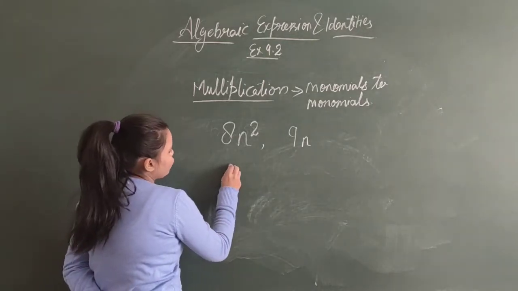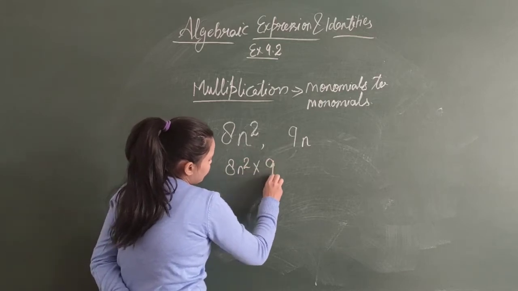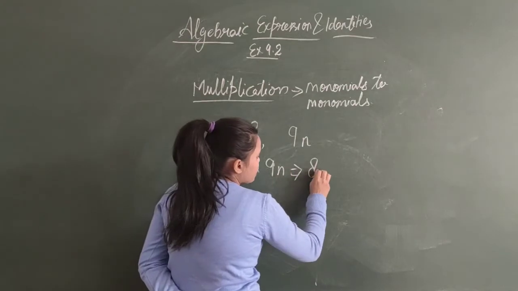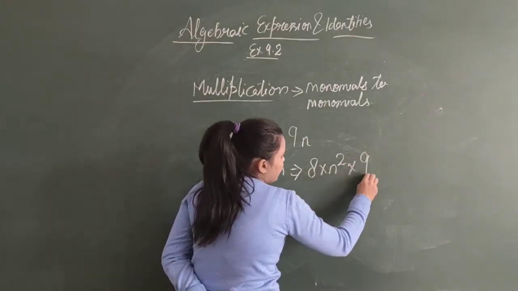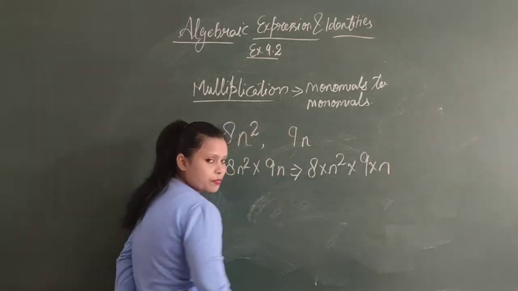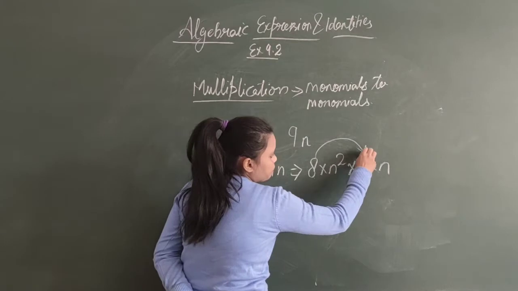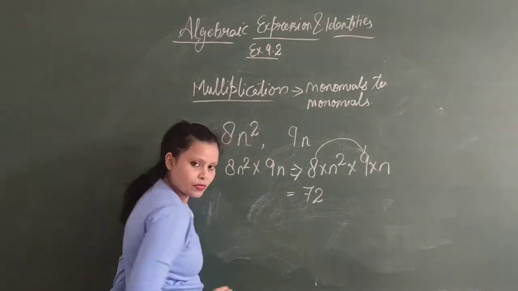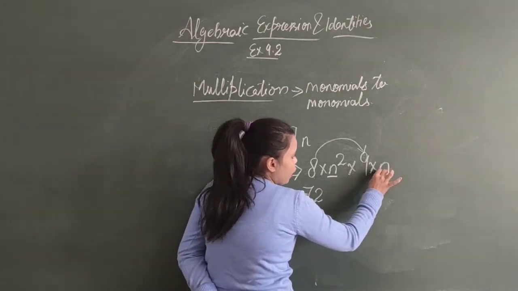So what we will do? 8n square multiply 9n can be written as 8 multiply n square multiply 9 multiply n. Alright, 8 nines are 72, right?